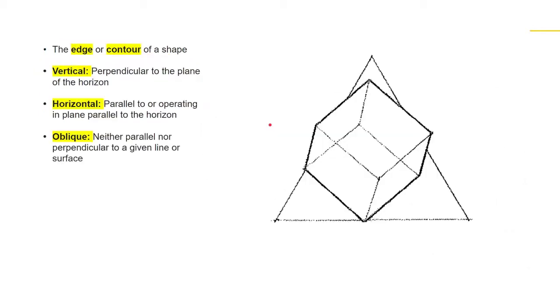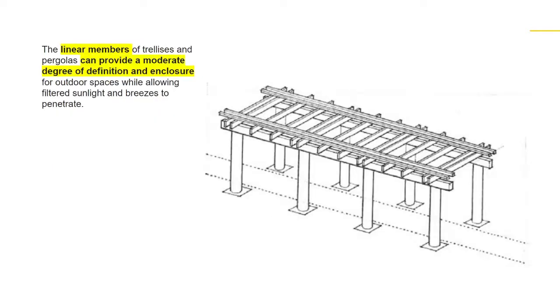So the edge or contour of a shape, linear members. Even in architecture, let's say for a lanai or for outdoor planning, whenever you want a certain degree of protection from rain, sunlight, or weather, you create trellises and pergolas to reduce the amount of rain or sunlight, to filter it out.